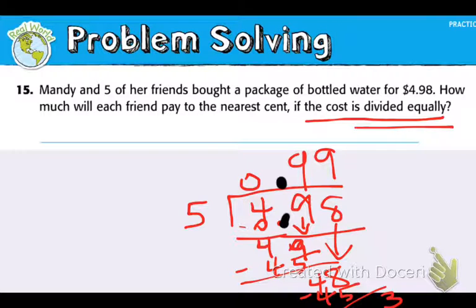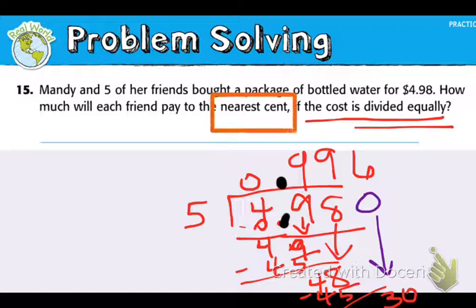Remember, no remainders. So we can go ahead and add a 0 and bring down that 0. So now our number is 30. Well, 5 goes into 30 6 times. So how much money is that? Well, notice that it says, how much will each friend pay to the nearest cent? So we're going to have to round.